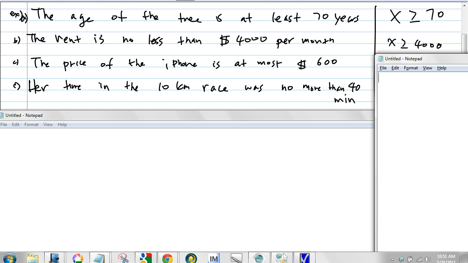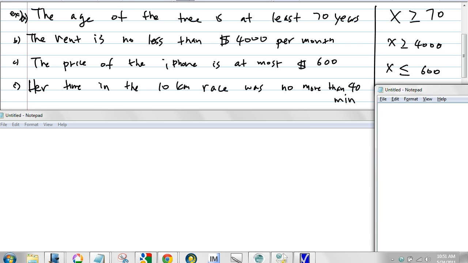The price of the iPhone is at most $600. Does that mean it could be $601? No. Could it be 600? Yes. Could it be less than that? Yes. Kate, what did you put? X is less than or equal to 600, correct. Yeah, it could be $1. Then the last one, her time in the 100K race was no more than 40 minutes.